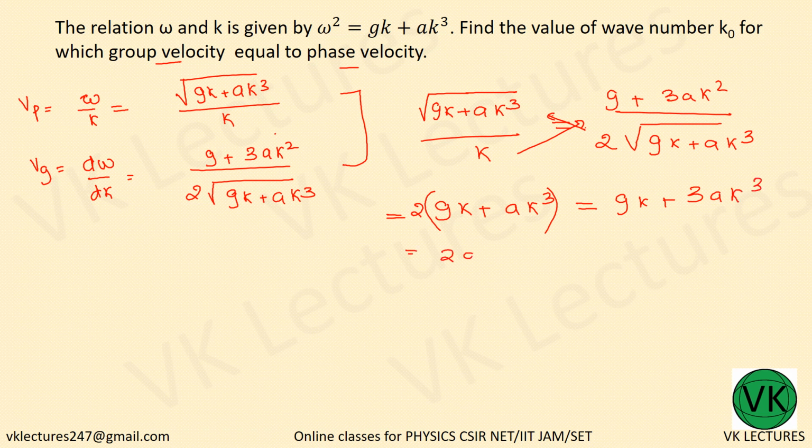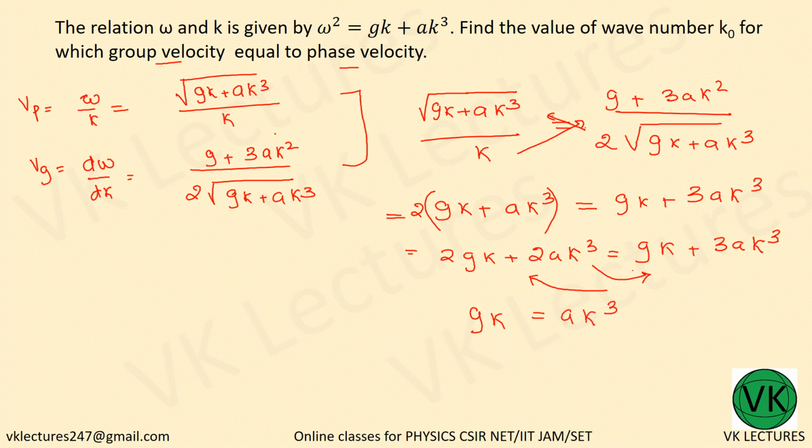So 2gk plus 2 times ak cube equal to gk plus 3 times ak cube. Now bring 2gk here, so it becomes gk, and bring that to the next side, that is ak cube.